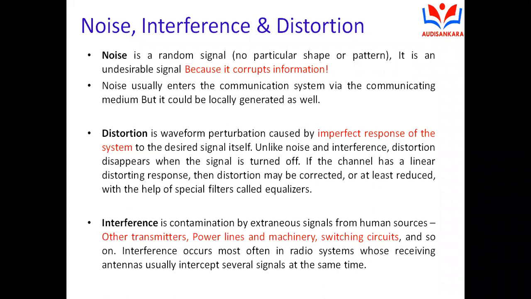Then distortion. Distortion means whenever unwanted information is added to the original signal, imperfections occur in the original signal. That means the actual response will be disturbed, and the measurements of the particular parameters in the particular wave will also be changed. It is a waveform perturbation caused by the imperfect response of the system to the desired signal.